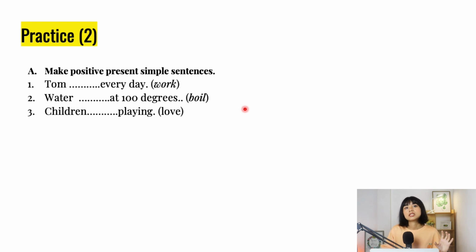All of the subjects are nouns, but you need to know whether it is a singular noun, uncountable noun, or plural noun. Number 1, Tom blank every day. Okay, so Tom is a noun, but is it singular, uncountable, or plural? Tom here refers to a person, a single person. All right, so it is a singular noun.